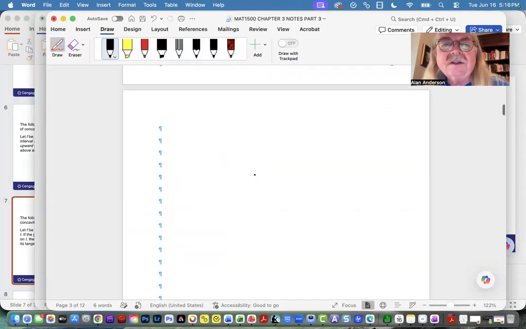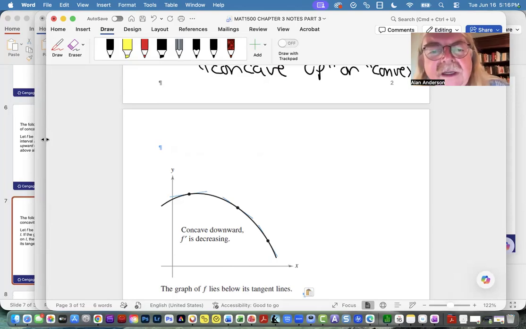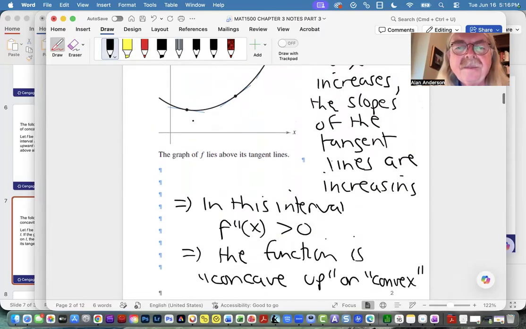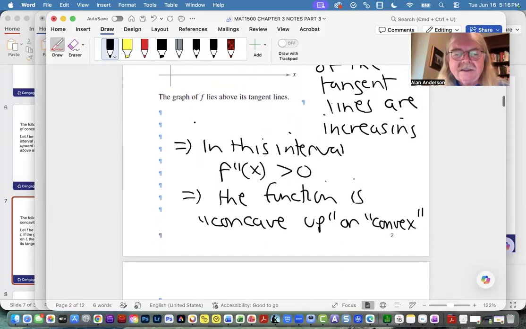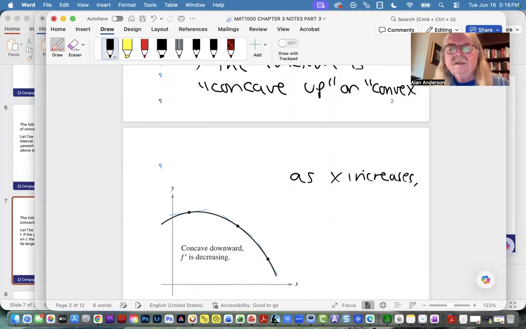Well, basically, everything works in reverse. So if you go to the right, you notice the slopes are getting steeper, they're becoming more negative. So I'll make the note over here on the right. As x increases, the slopes of the tangent lines decrease.